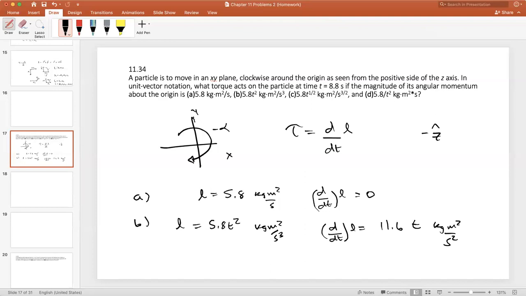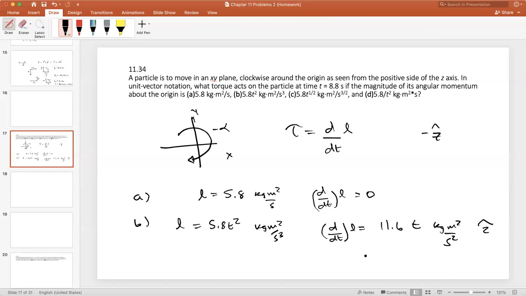So all you have to do here is take the derivatives. This is going to be in the z hat direction only. In the x and y hat, it doesn't have angular momentum. There was none. There remains none.